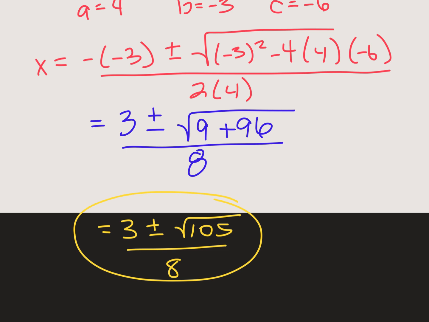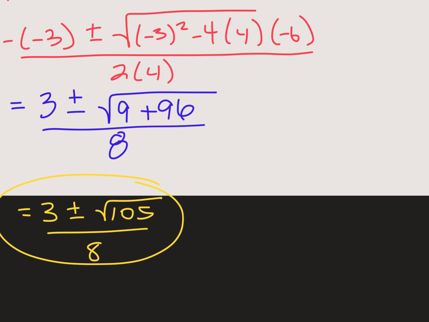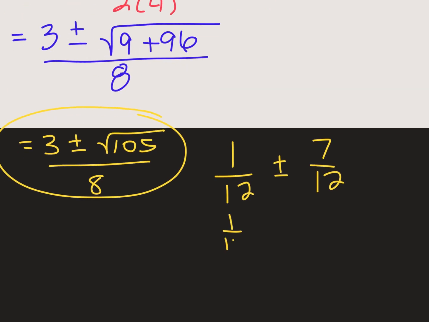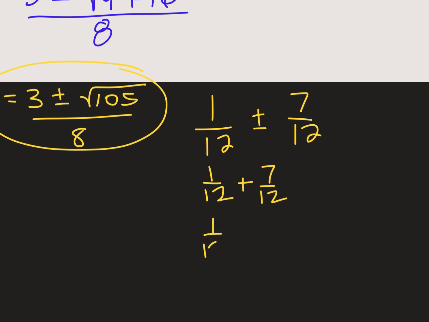One side note before we go into the next ones. On WebAssign, and this could happen on your test or quiz, you guys might get like 1 over 12 plus or minus 7 over 12. Guys, don't leave an answer like that. How many problems are there? There's 2. This says 1 over 12 plus 7 over 12 and 1 over 12 minus 7 over 12.